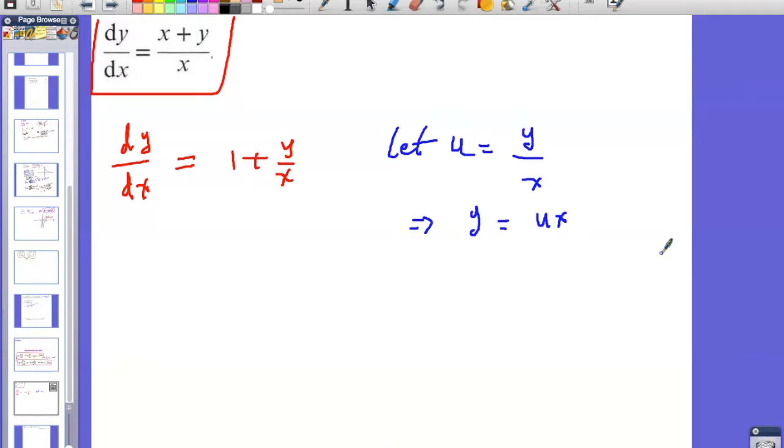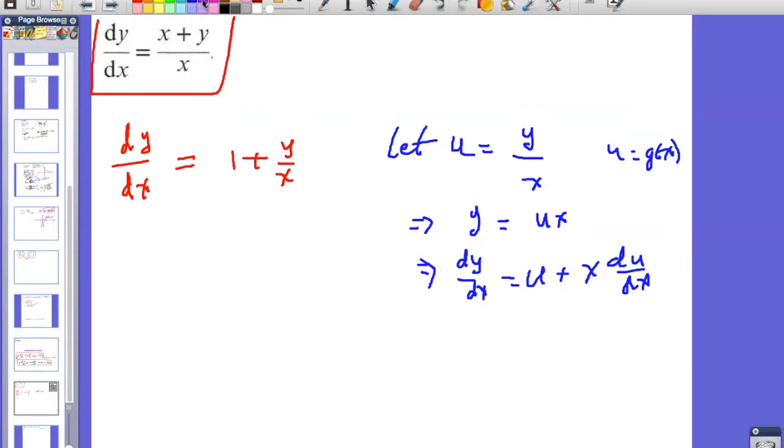And so now we look for dy dx. We will use the product rule here. Since u depends on x, we leave u first, we differentiate x, and then we leave x, we differentiate u, du dx. So dy dx becomes u plus x du dx.